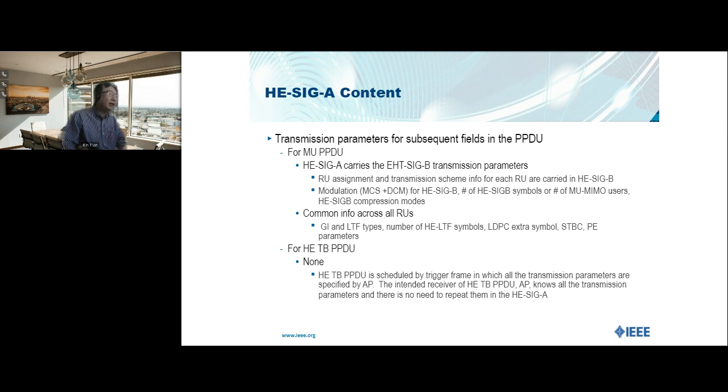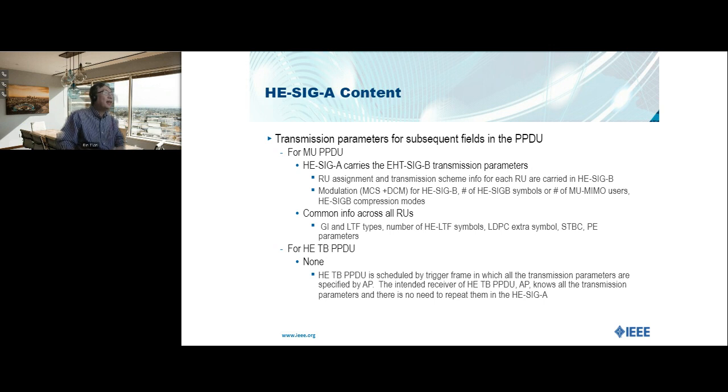By the way, HE-SIG-A, everything is still like L-SIG, at the basic data rate. Starting from HE-SIG-B, you can change the data rate. HE-SIG-A also carries common information across all the RUs, not RU-specific, like the GI-LTF type, number of LTF symbols, LDPC extra symbol, STBC, PE, all these kinds of things.